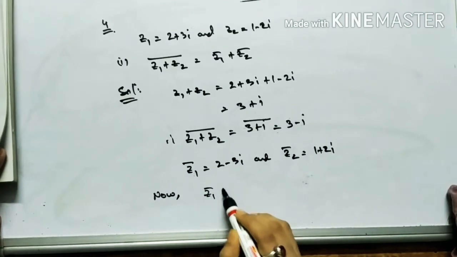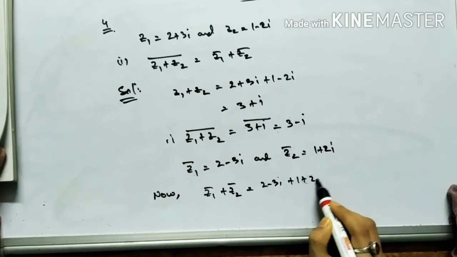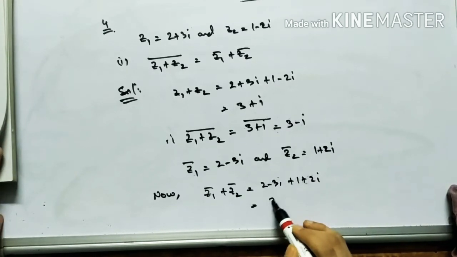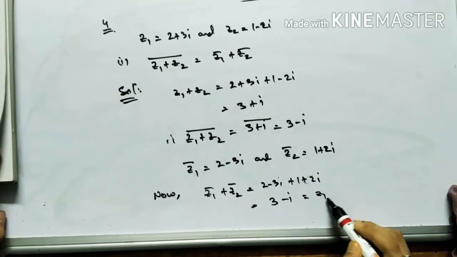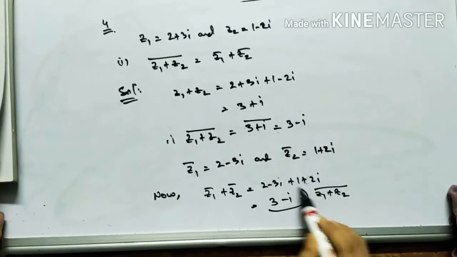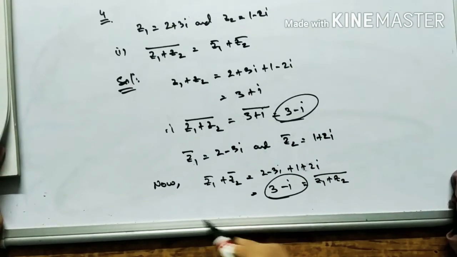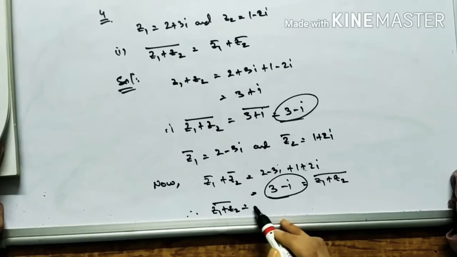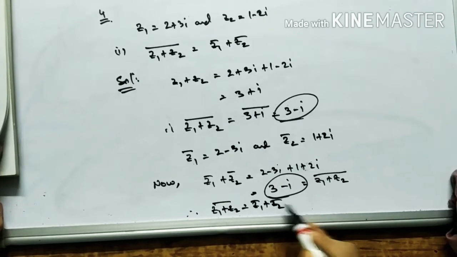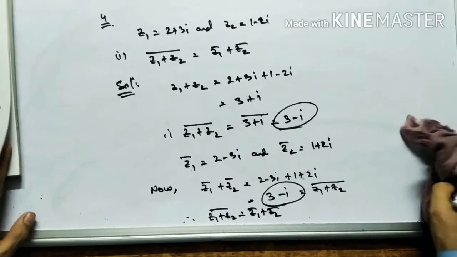So z1 bar plus z2 bar equals 2 minus 3i plus 1 plus 2i. So this one I get 3 minus i, which is equal to (z1 plus z2) bar, 3 minus i. Therefore I can say that (z1 plus z2) bar is equal to z1 bar plus z2 bar. Okay, very easy there.